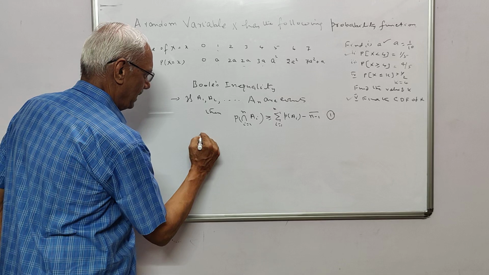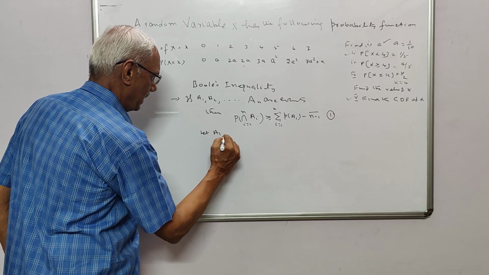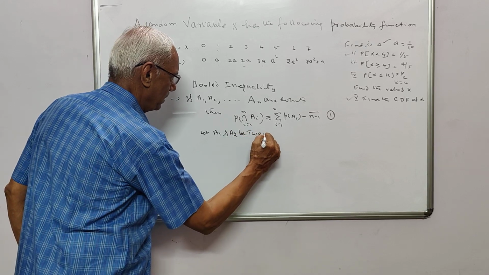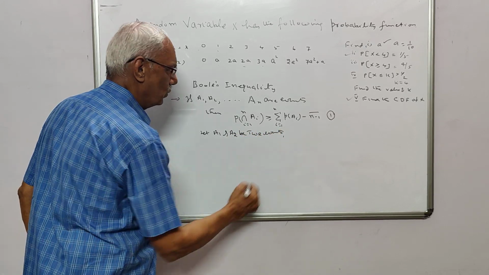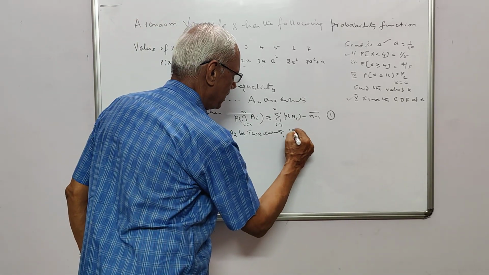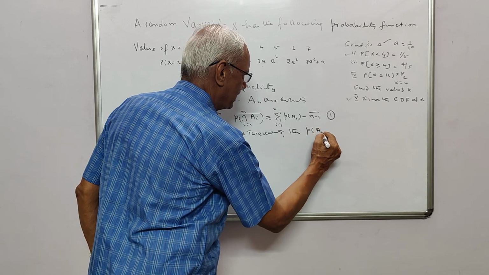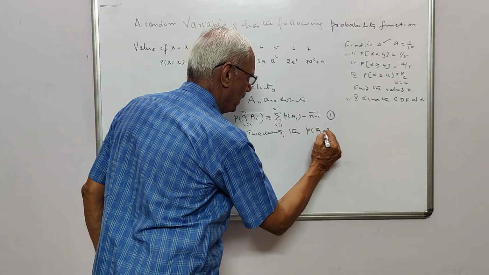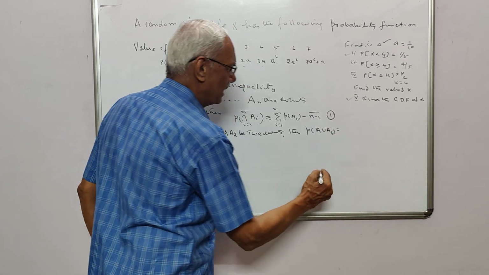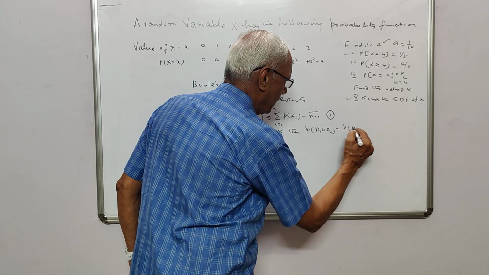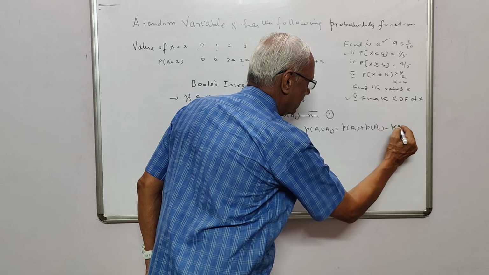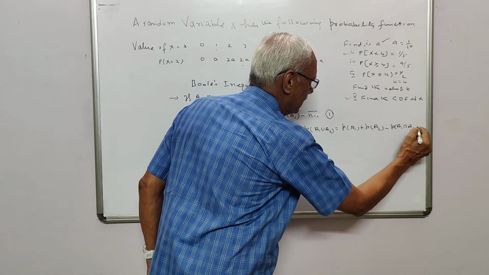So let A1 and A2 be two events. Then we know very well that P of A1 union A2 is equal to P of A1 plus P of A2 minus P of A1 intersection A2.